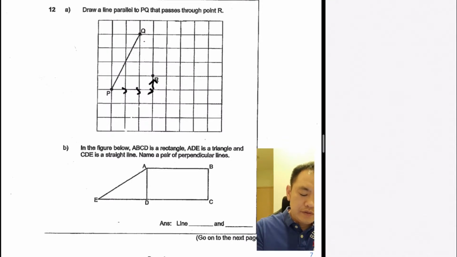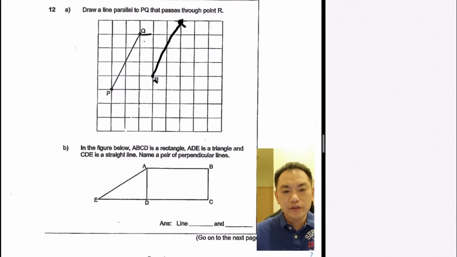So it's the same thing from here. You go 1, 2, 3, and then go 1 block to the north. Actually, it was the same spot that we did previously. And then what you need to do is just join the 2 dots, and then you will be drawing a line parallel to PQ. Okay, so there are 2 ways of doing this.